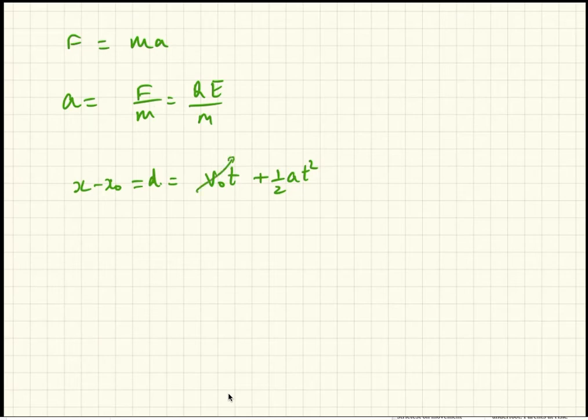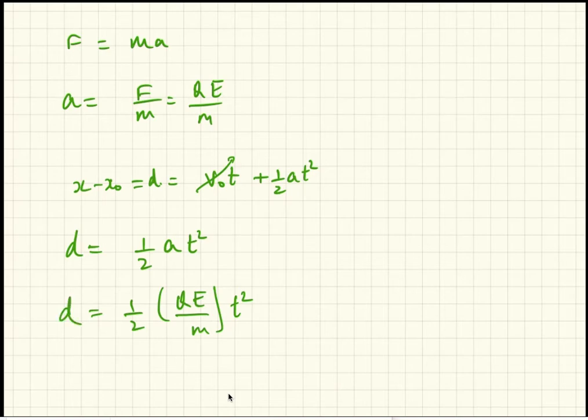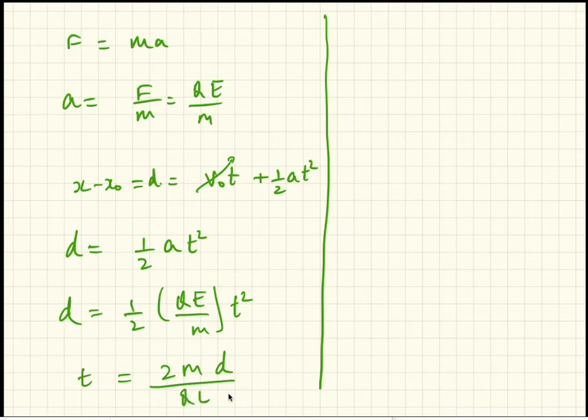So they start off at rest, so d equals 1/2 a t squared, which is 1/2 QE divided by the mass, times t squared. Okay, so the time is 2md over QE to the power half. Okay, so there we go.